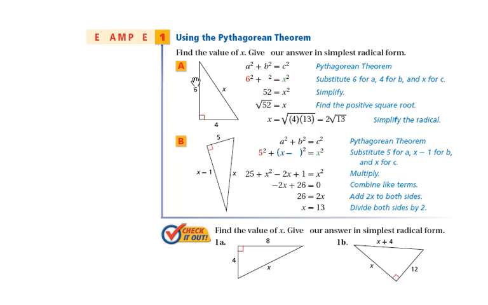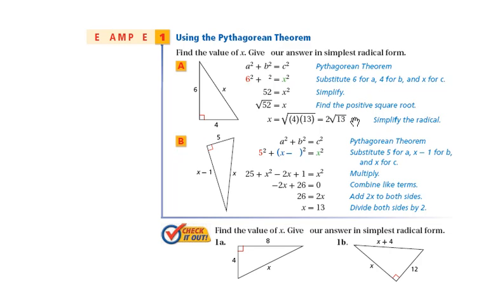Here's a couple of nice algebra examples where you're solving for the variable x. Notice again we're using the Pythagorean theorem, a squared plus b squared equals c squared, in each example, and then we're solving for the variable x. Again, it's nice if you can put this in radical form.